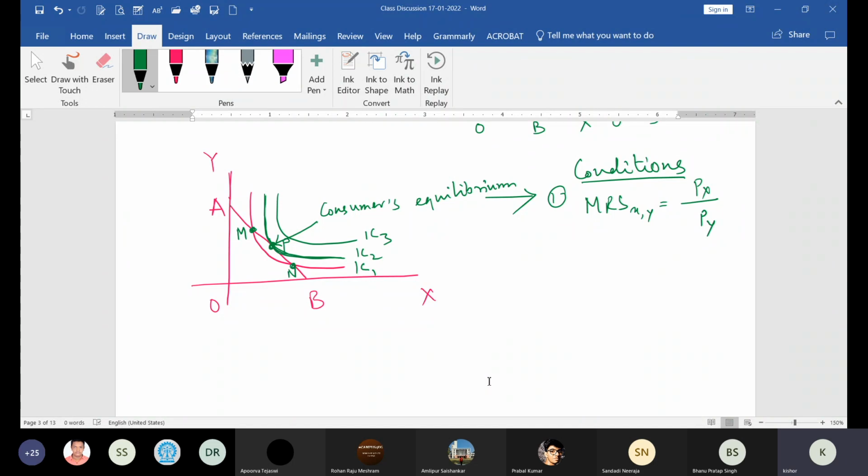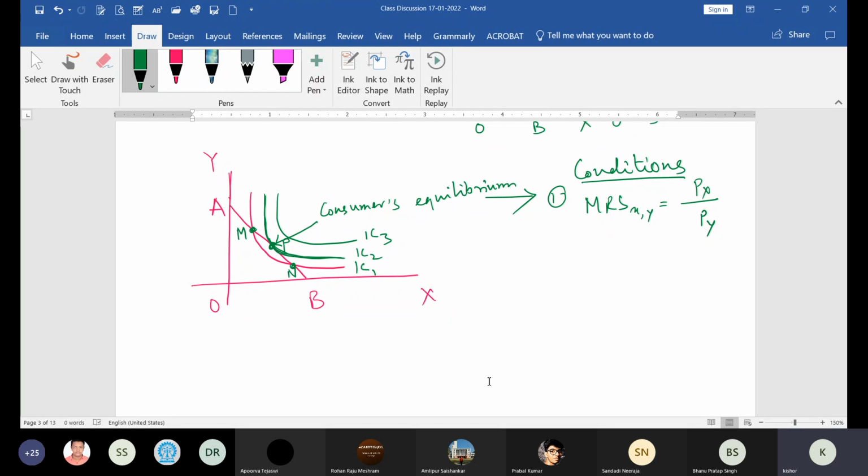In this case, what is your question? Why is it maximum at P? Instead of P, you want to purchase at M or N? Fine. If it is M and N, then your budget is also fully utilized. But M and N are on IC1.